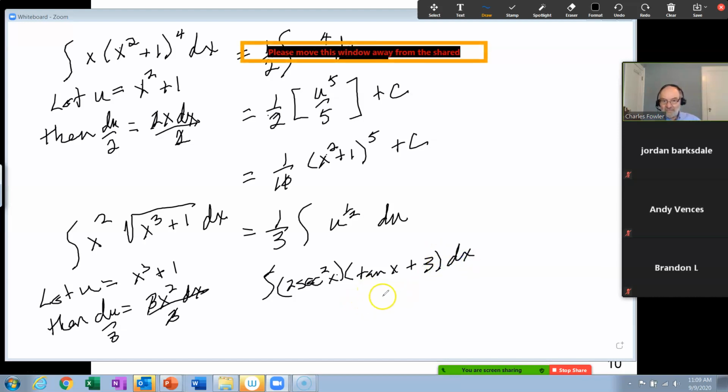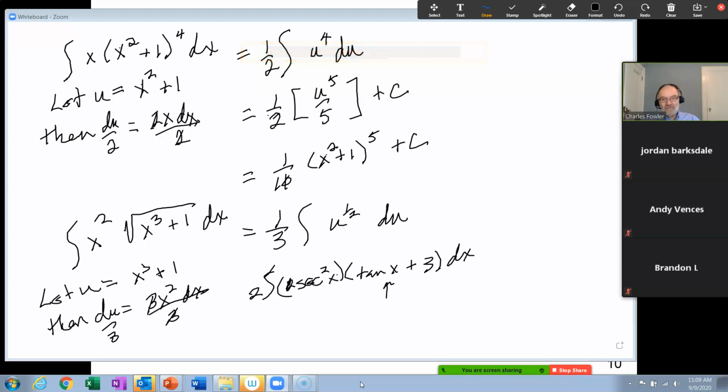And again, just like before, you let u be this, du will be secant squared. This 2 is not even necessary. Put it on the outside. And then just proceed like we did before. Derivative of tangent is secant squared, so you have x dx.